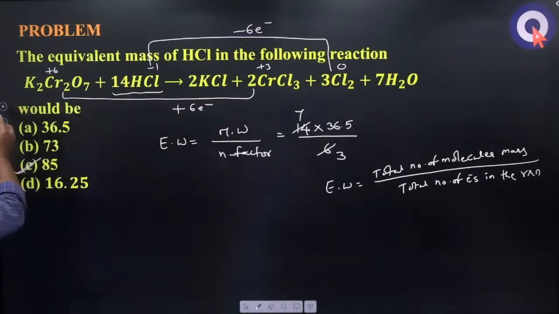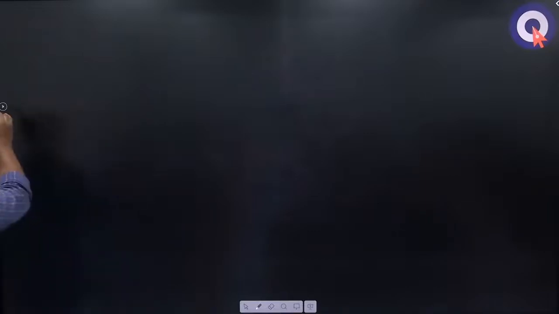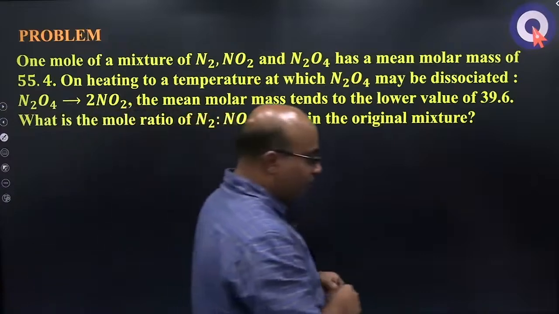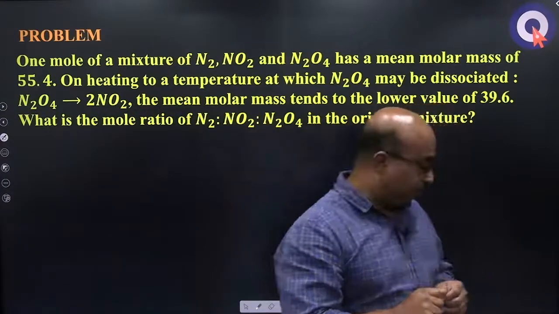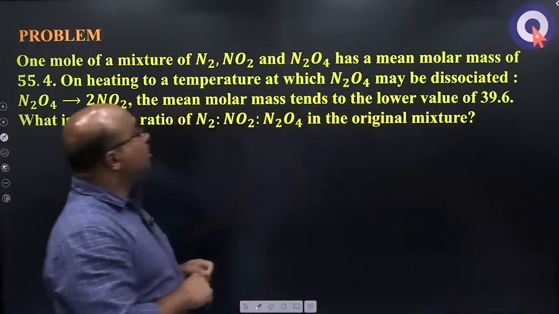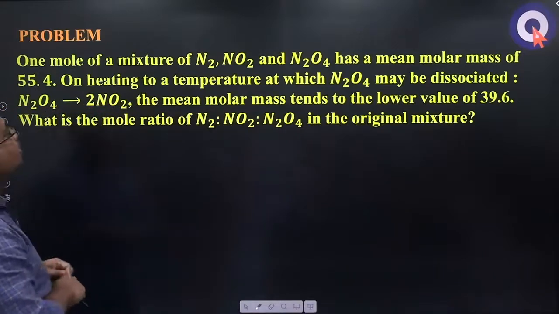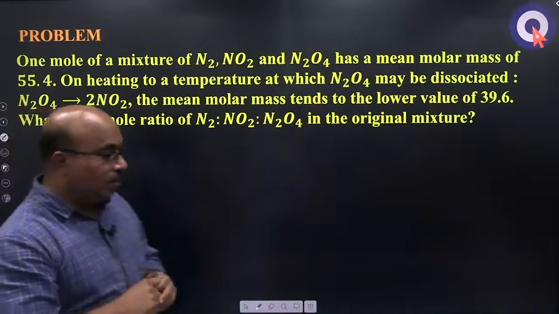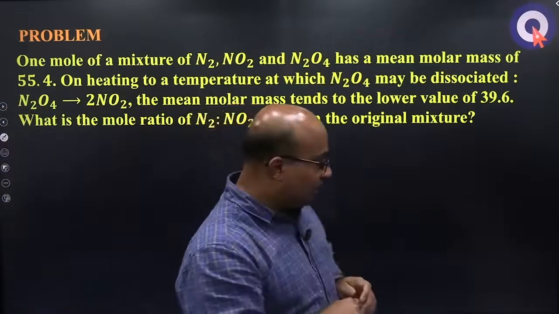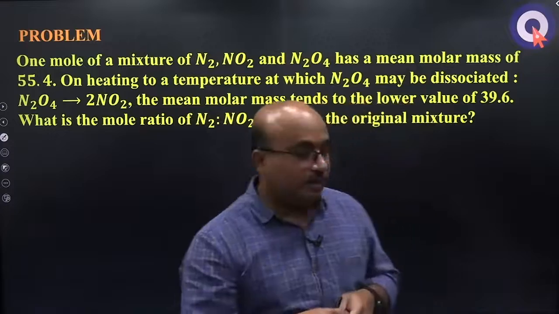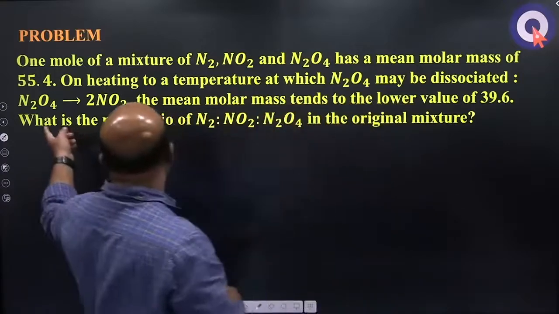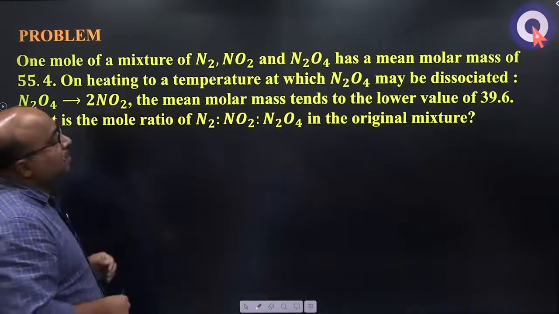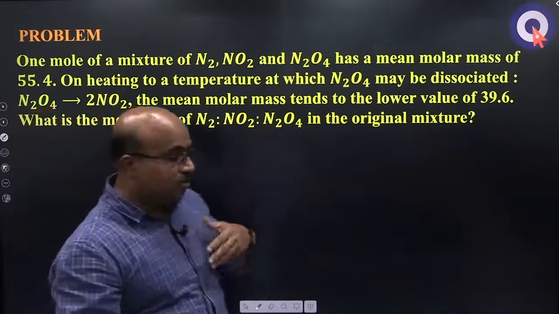Coming to this. One mole of a mixture of N2, NO2 and N2O4 has a mean molecular mass of 54.4. On heating to a temperature at which the N2O4 may be dissociated, let us say completely, into 2NO2, the arrow is given, and the degree of dissociation is not mentioned.